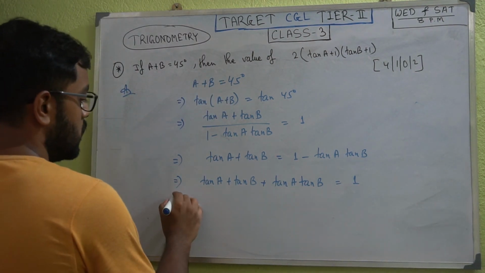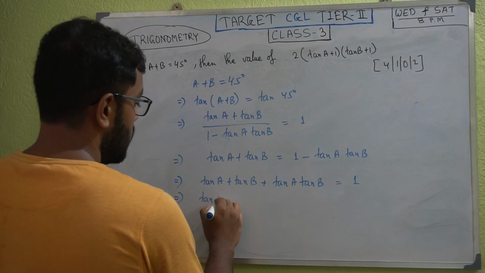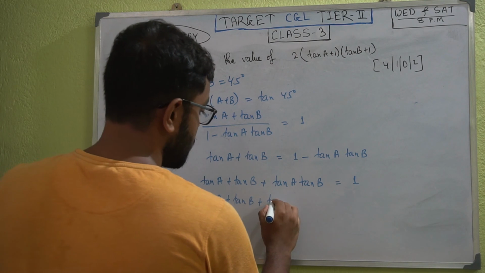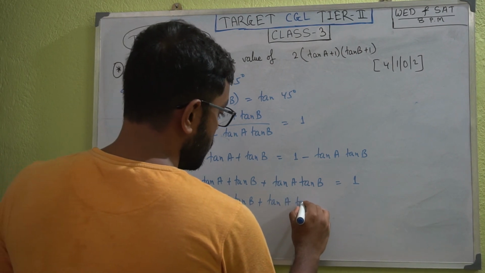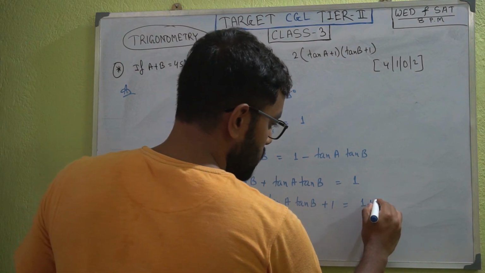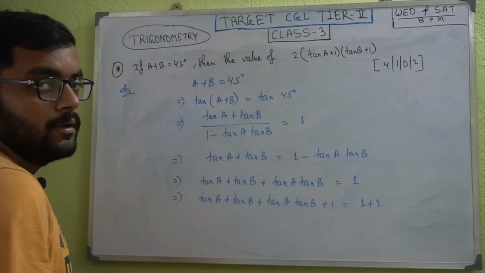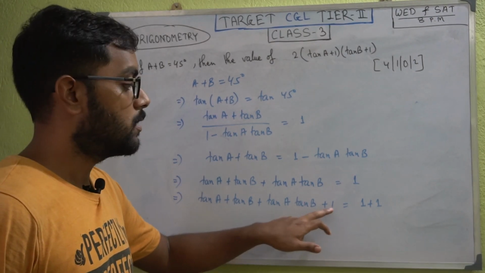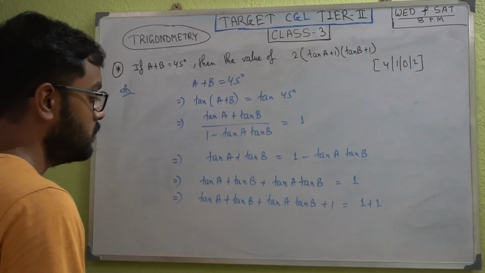Now tan a plus tan b plus tan a tan b plus 1 equal to 1 plus 1. We add an extra 1 in both sides.